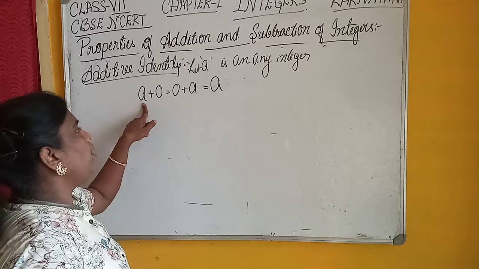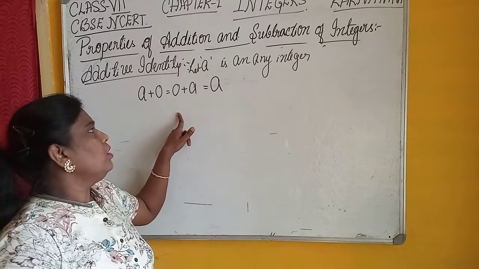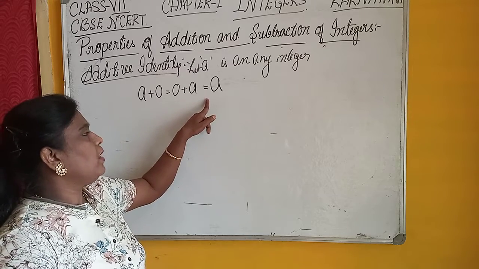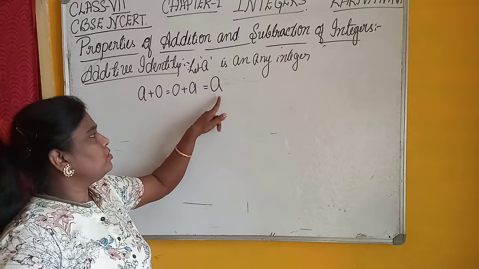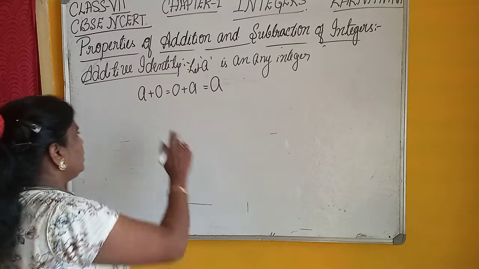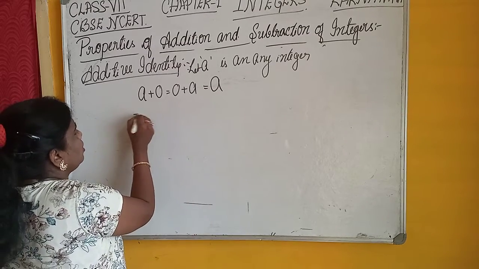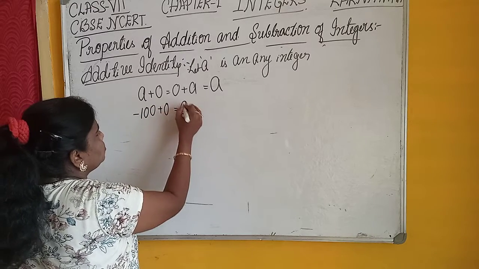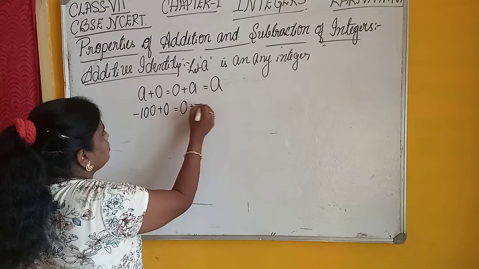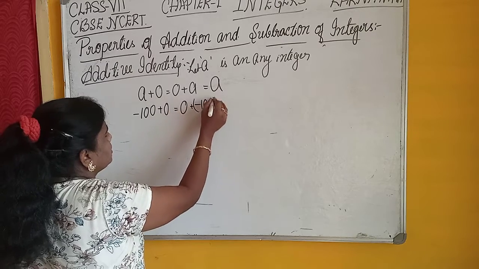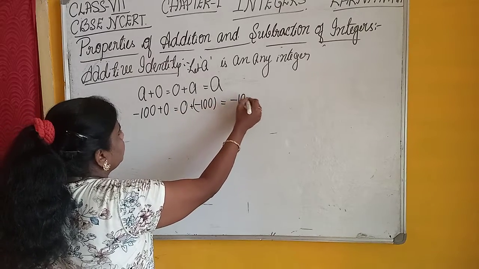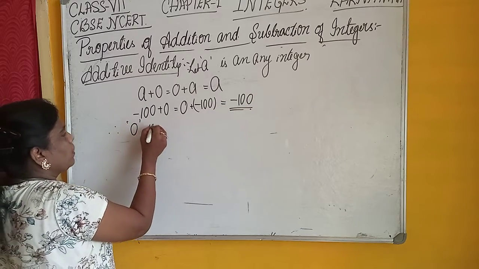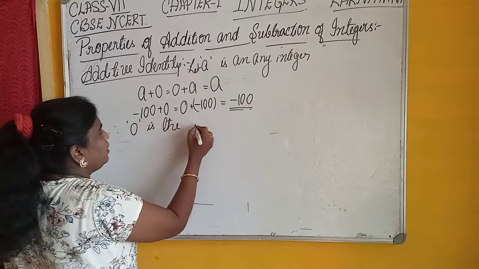Understood? For any integer, if you add 0, its value is equal to that integer only, that is A. Let us consider any integer: minus 100 plus 0 is equal to 0 plus of minus 100, that is nothing but minus 100 only.